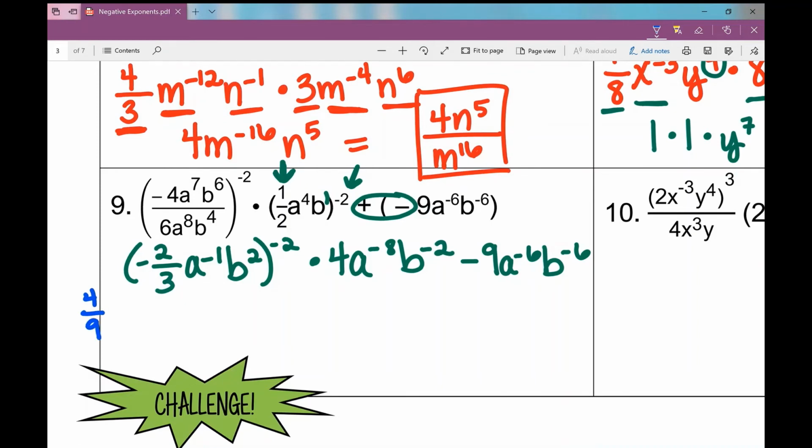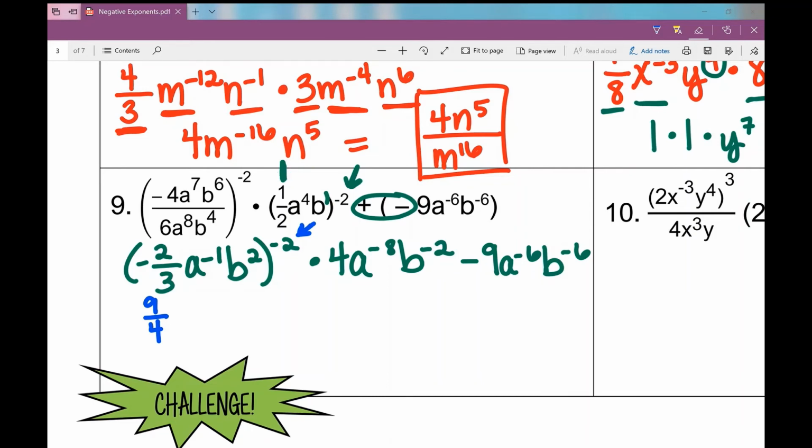But since this exponent is negative, I'm going to flip that fraction. That becomes 9 over 4. That's what happens, so our fractions flip. You can still square them or raise them to the power of 3 or whatever, but if that exponent's negative, you're going to flip that fraction. That's kind of what we did here with the 1/2.